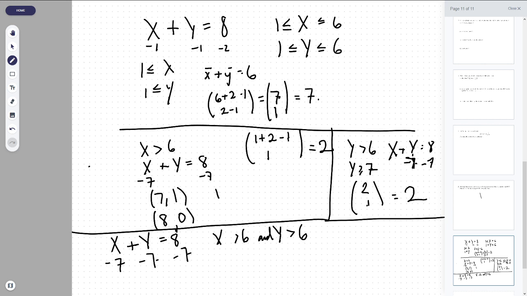And so how many solutions are there when we subtract off 14 from 8? So we're going to get minus 6. So we're going to get x plus y is equal to minus 6, and the rule is that x is bigger than or equal to 0 and y is bigger than or equal to 0. So you don't even need combinatorics to figure this one out. You can just say, well, a non-negative thing plus a non-negative thing is never equal to a negative thing. So there are 0 solutions.